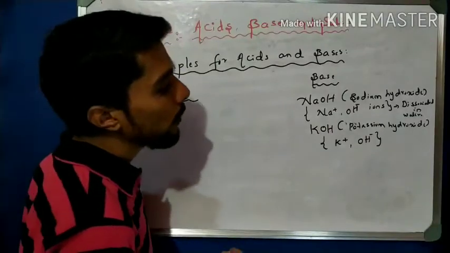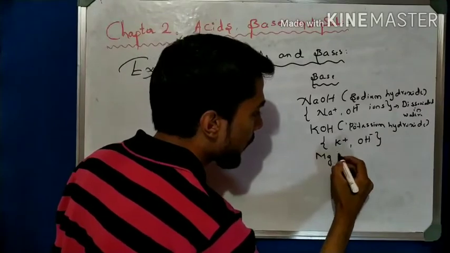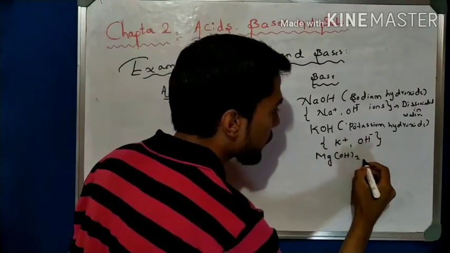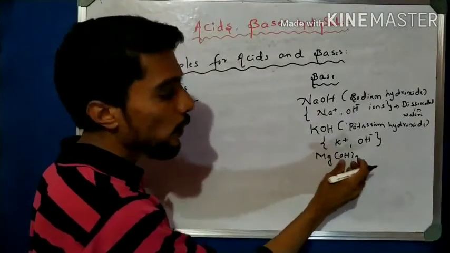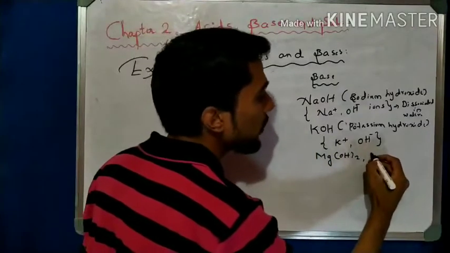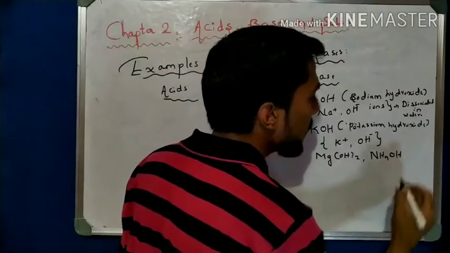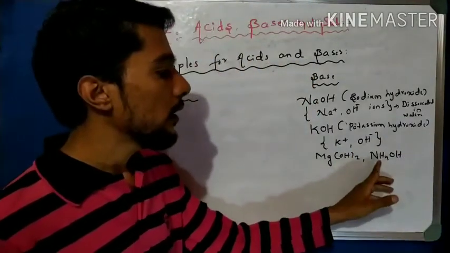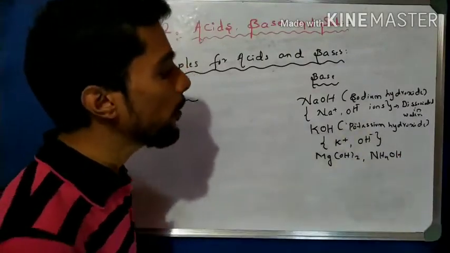Now some more examples: magnesium hydroxide, with Mg plus and OH minus ions. Then next is ammonium hydroxide, NH4OH.